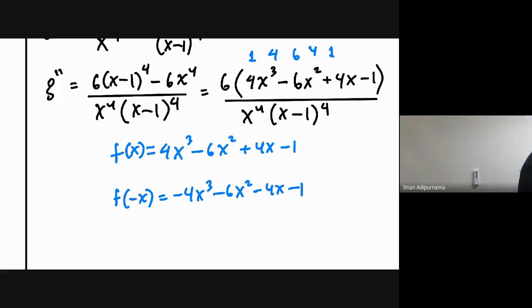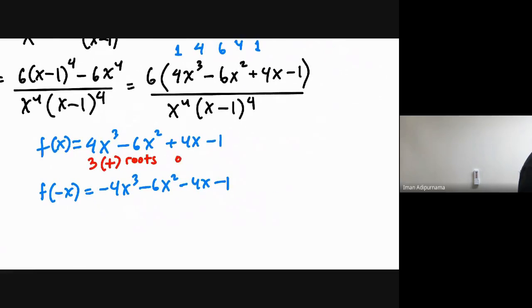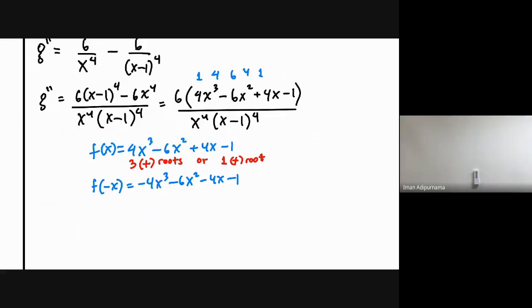We will have a possibility or chance that we will have 3 positive roots or 1 positive root. So this is a prediction. It's called Descartes' rule.